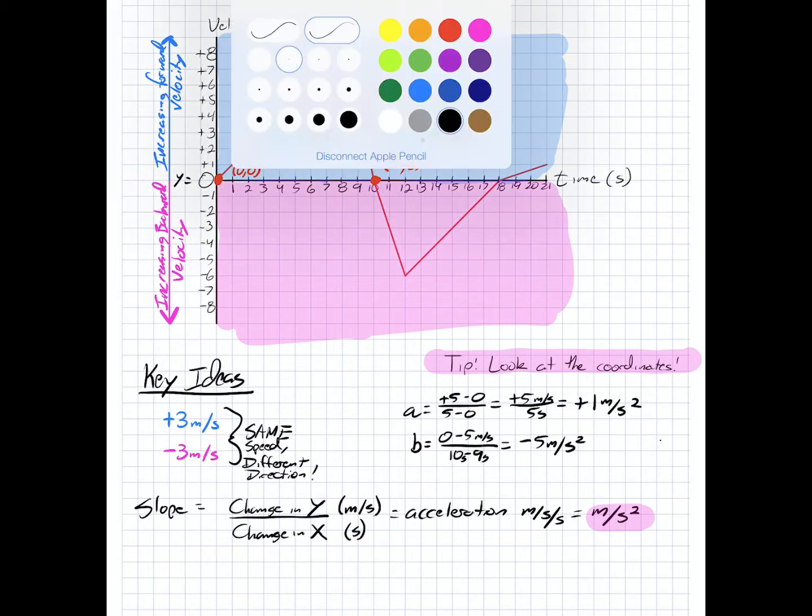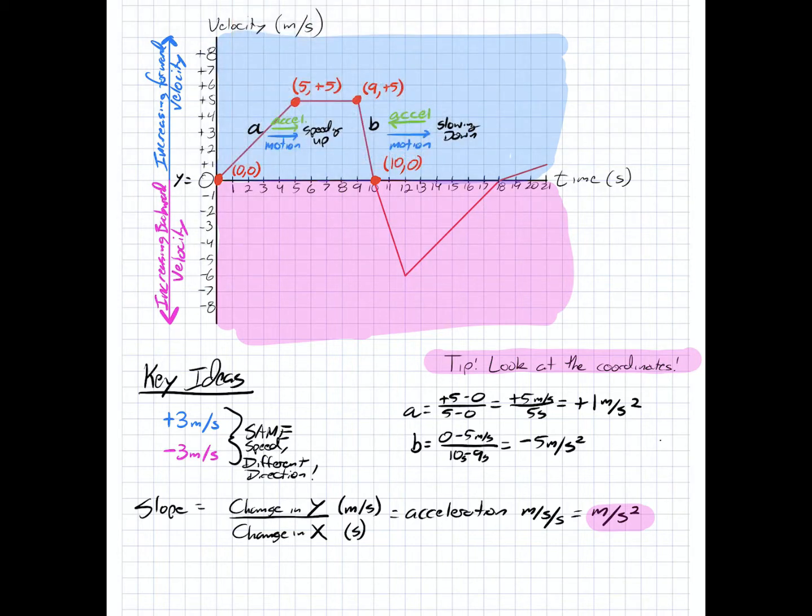Alrighty, let's look at the next point down below the x-axis, or y equals 0. So we go from that 10, 0 coordinate. Here we are at 12 and -6. Okay, so our velocity changed from 0 to -6. Does that mean that it's less than any positive velocity?